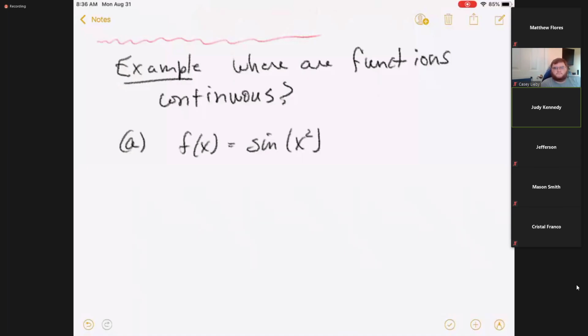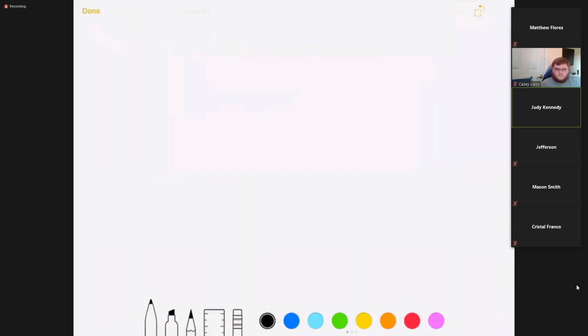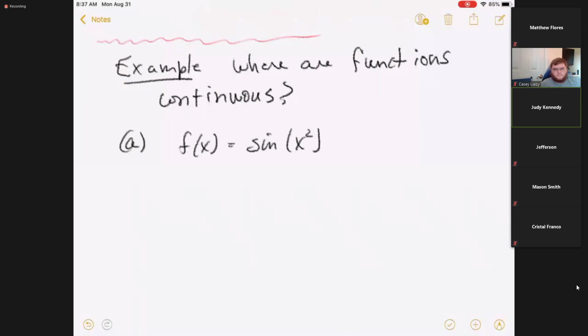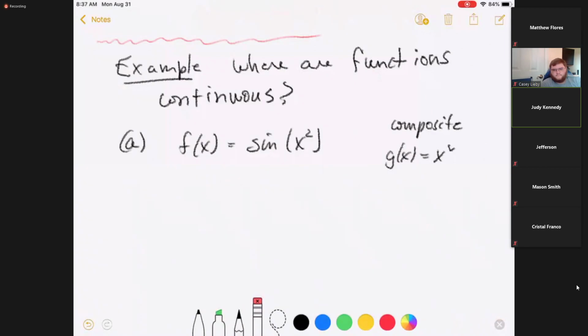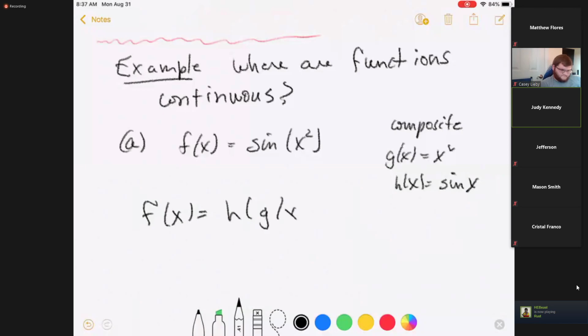Now, this is a composite function. The g of x here would be x squared, and I'll let h of x equal the sine of x. f is a composite function, f is equal to h of g of x.